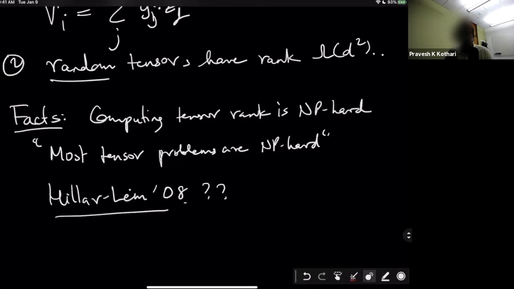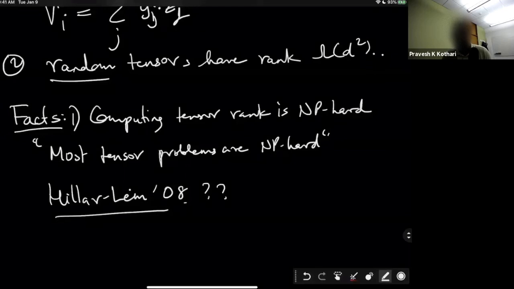Just to tell you how disappointing the state of affairs is, even though we know that random tensors have rank omega d squared, it's an open problem to construct an explicit tensor.